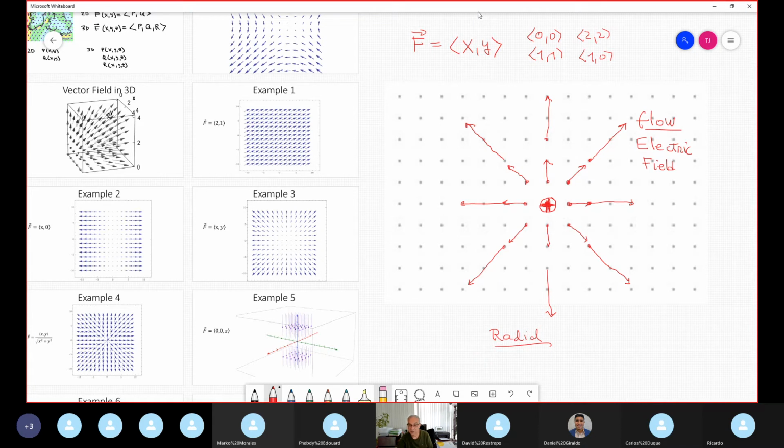And I suppose the charge is positive. So the charge is positive. The lines of the flux travel out from the charge.